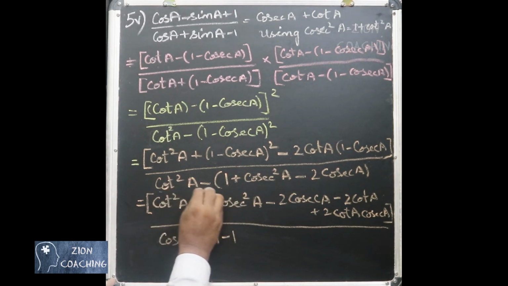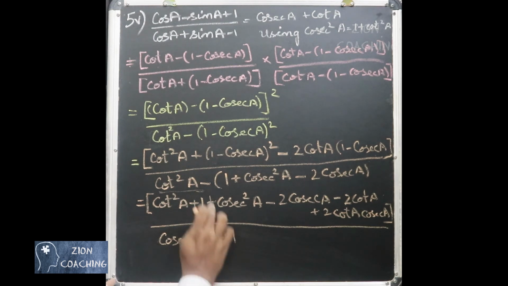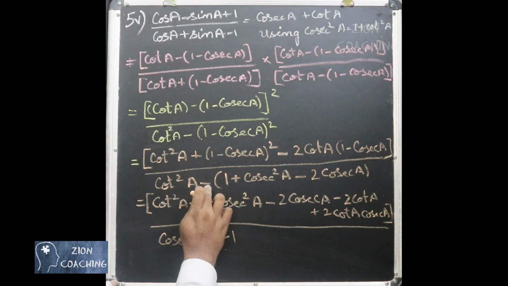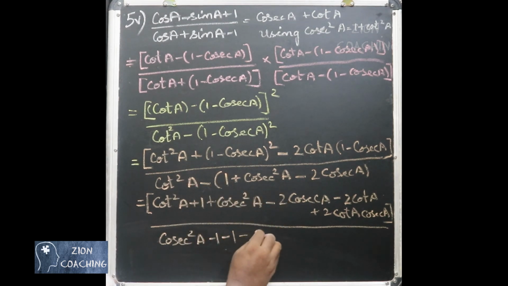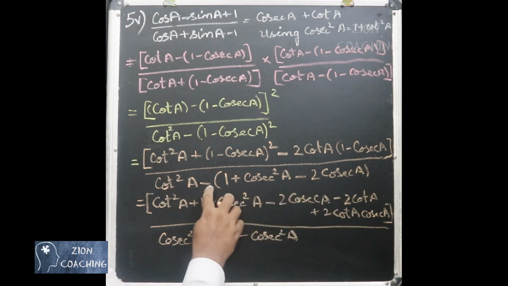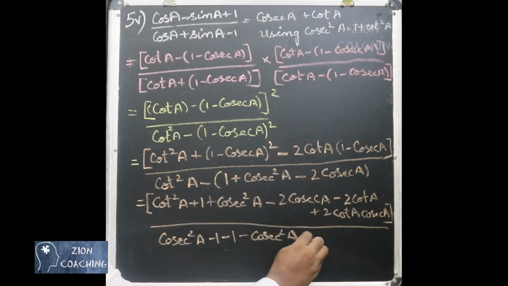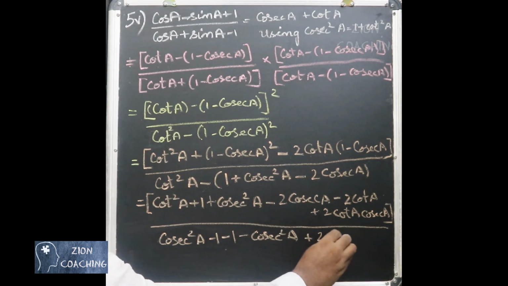Already instead of cot squared A, we have written cosecant squared A minus 1. Then when you multiply inside, minus into 1 is minus 1, minus into cosecant squared A is minus cosecant squared A. Then we have minus into minus is plus 2 cosecant A.